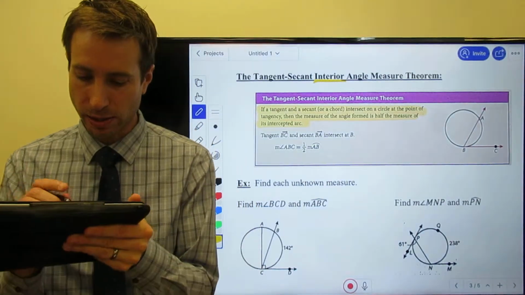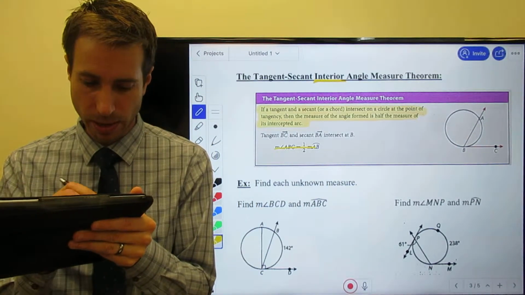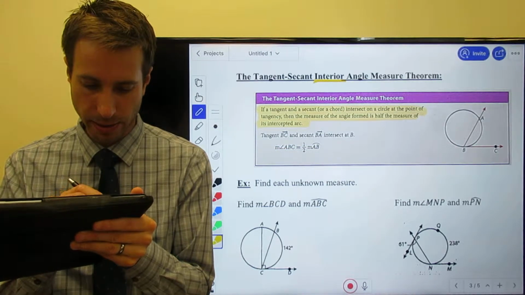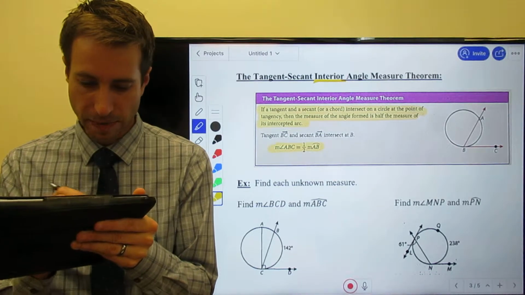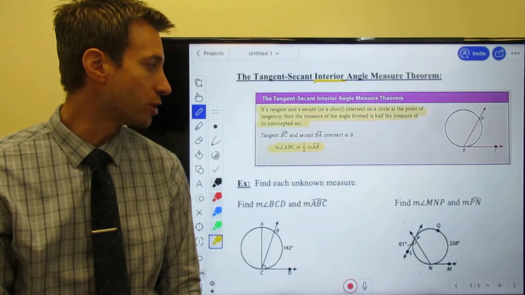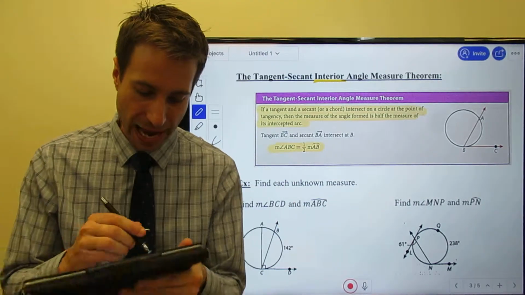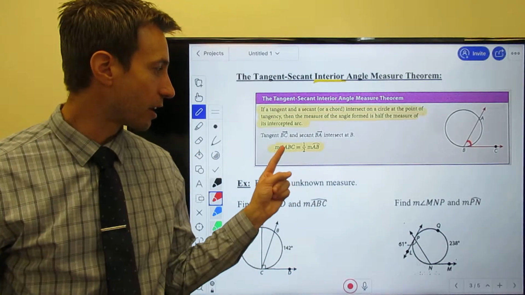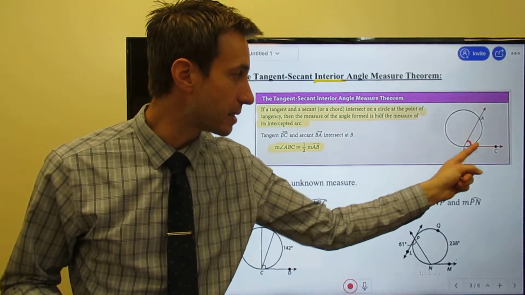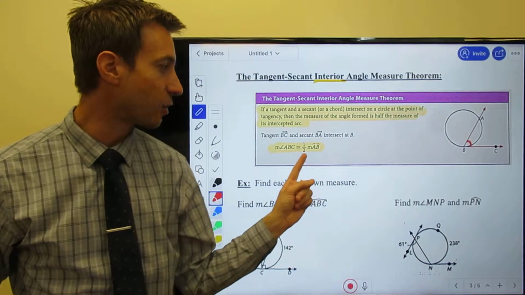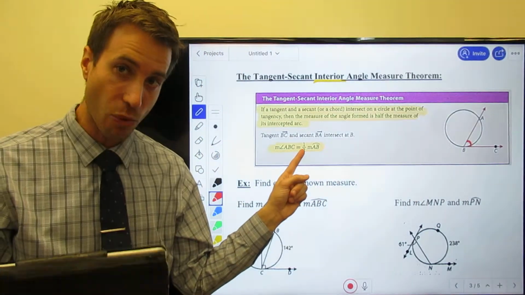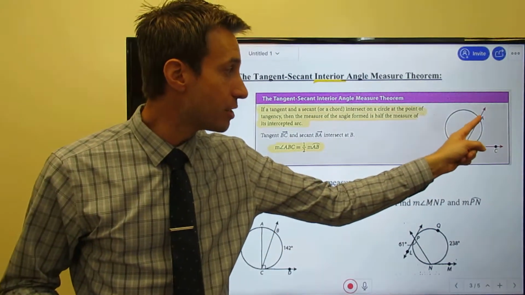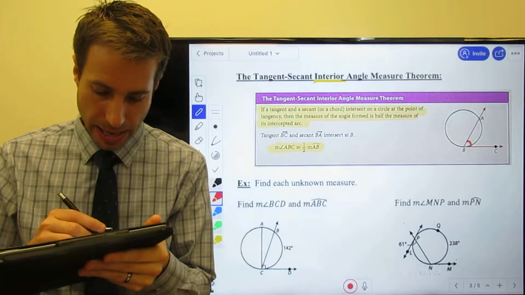Here's the way the theorem works. All you're going to do in order to find the measure of that angle, which angle? This angle right here, the measure of angle ABC, is 1/2 the measure of the arc AB.